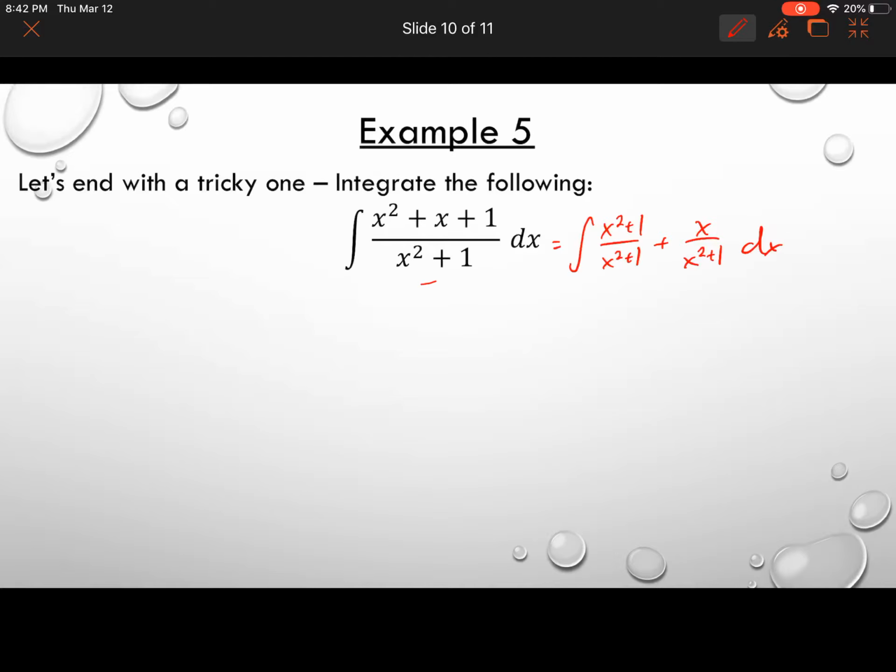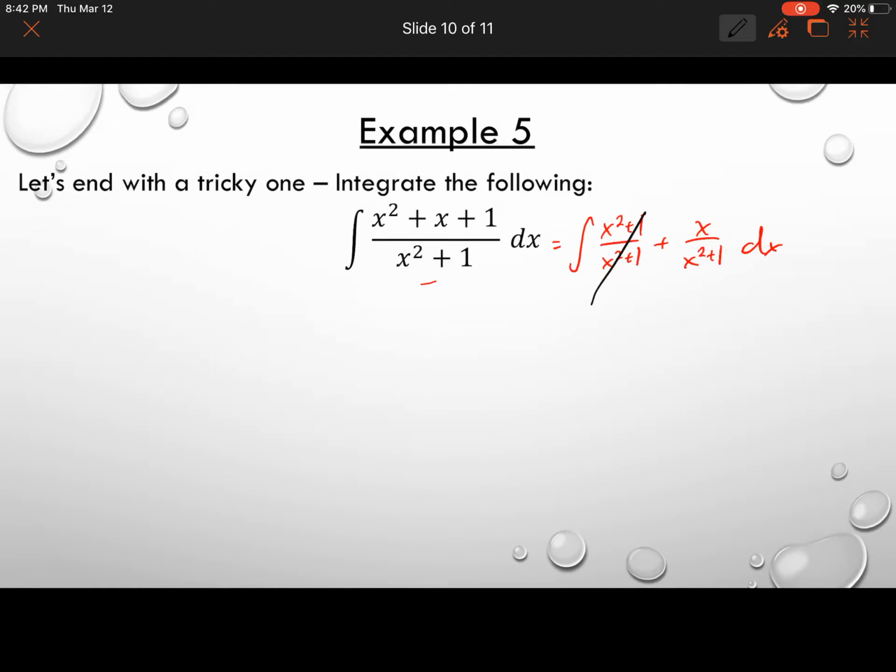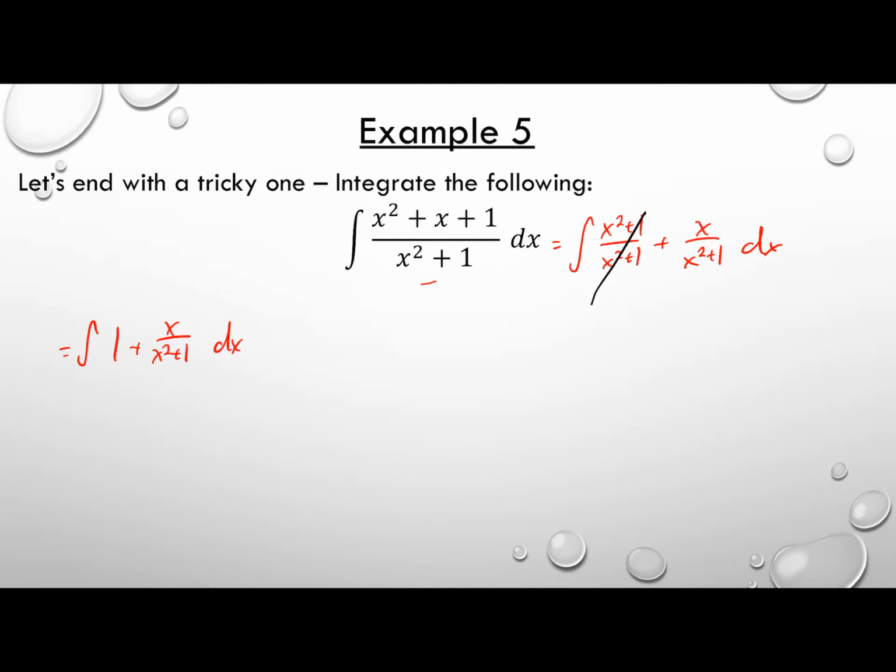It's kind of similar to what we did in the previous problem. I just separated them into two fractions, one fraction with the x squared and the plus 1, and the other fraction with just the x. Well, this is very convenient for us because now this just cancels out. That's just 1. So now what we have here is the integral of 1 plus x over x squared plus 1 dx.